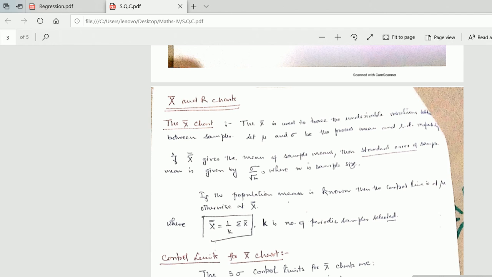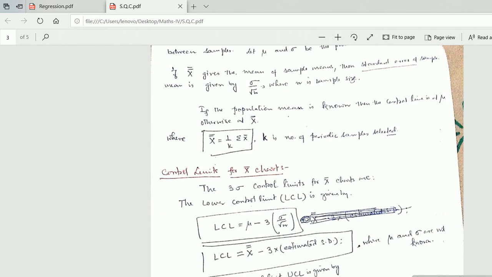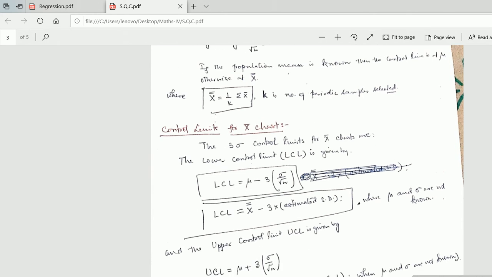If X double bar gives the mean of the sample means, then the standard error of the sample mean is given by sigma by root n, where n is the sample size. If the population mean is known, the central line is at mu, otherwise at X double bar, where X double bar is equal to 1 upon k summation X bar. K is the number of periodic samples selected.